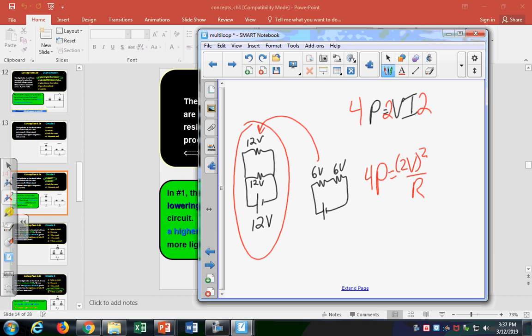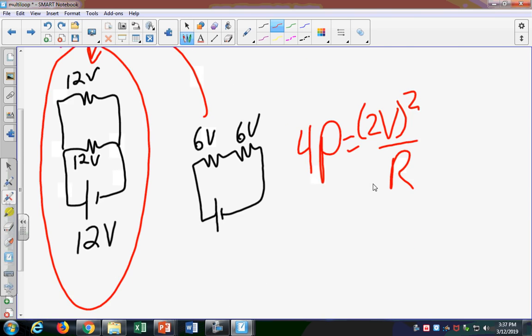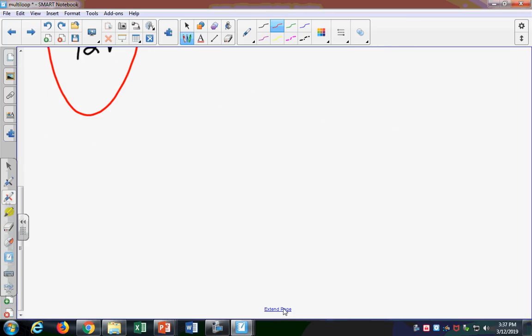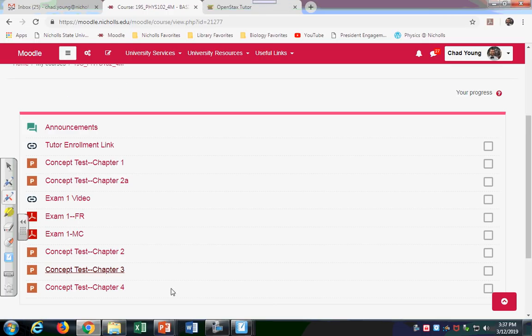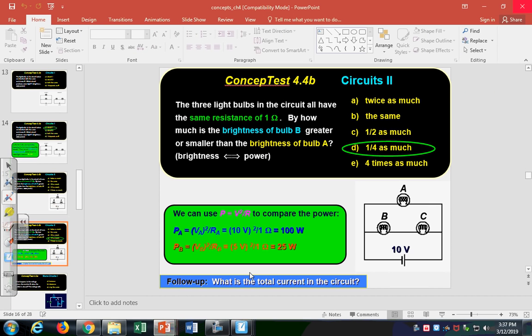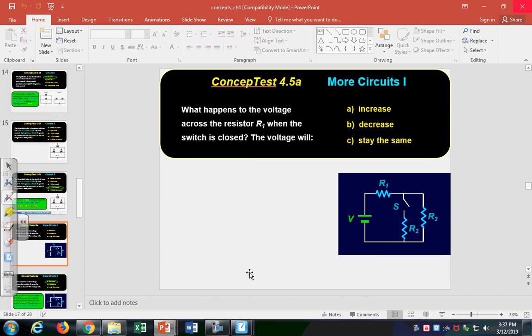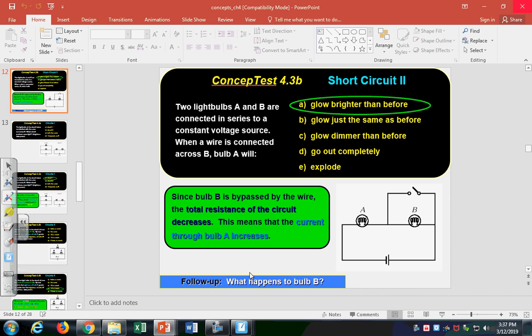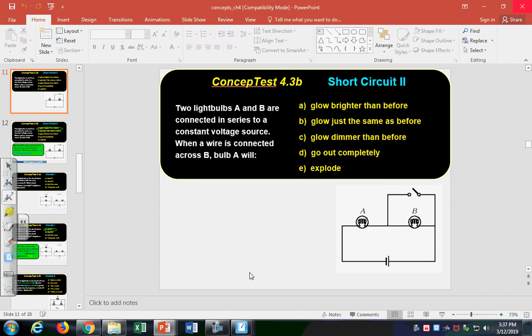So what you're asking there is, if I have a circuit just with a single resistor, how did it go? I forget how I asked that question.